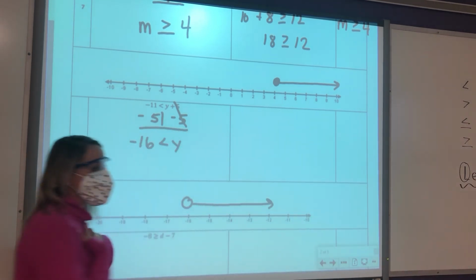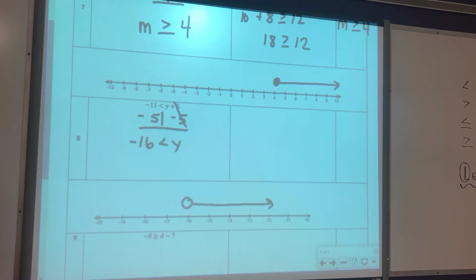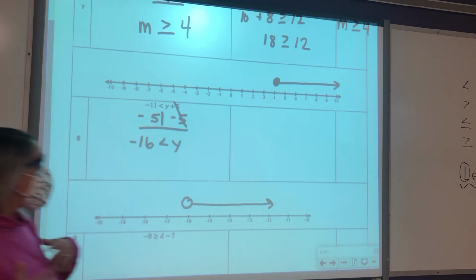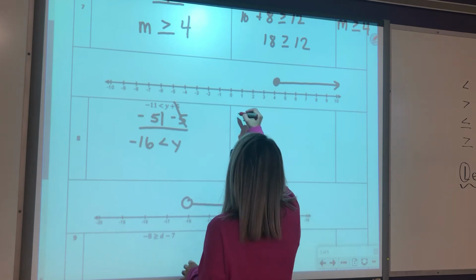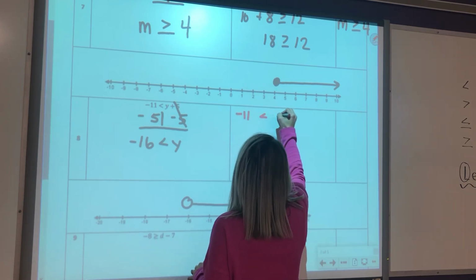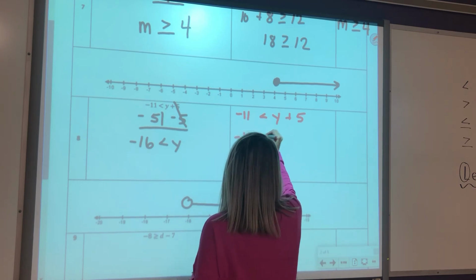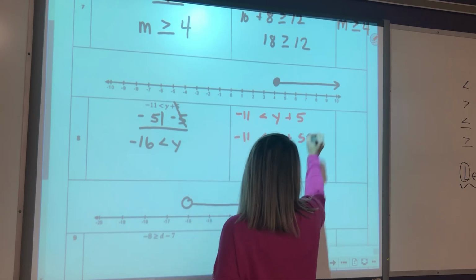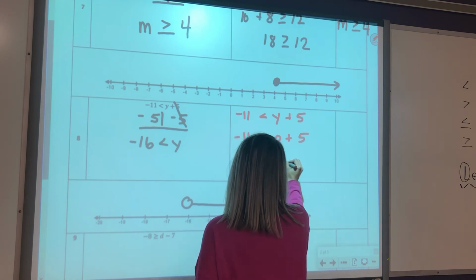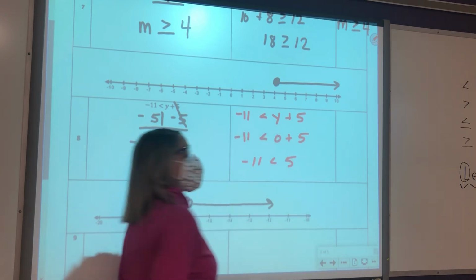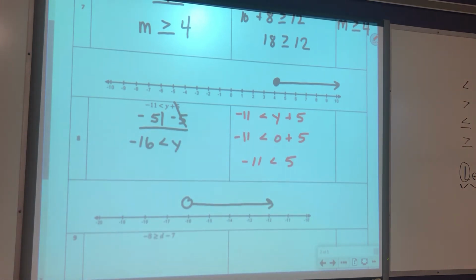So if I can use 0 when I'm checking my answer, heck yeah, I'm going to use 0. So if I rewrite this, true? Very true.